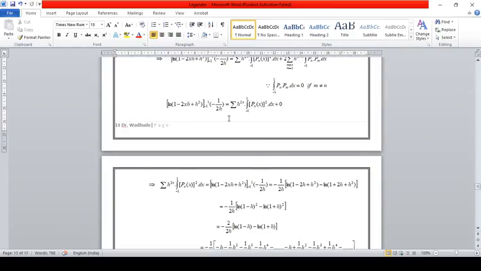Now on the left hand side, substitute the limits: this is the minus 1 limit, and substitute here the plus 1 upper limit. Then we obtain minus 1 upon 2h, this bracket is equal to 1 minus h whole square and this bracket is equal to 1 plus h whole square, so log of (1 minus h) whole square over (1 plus h) whole square.